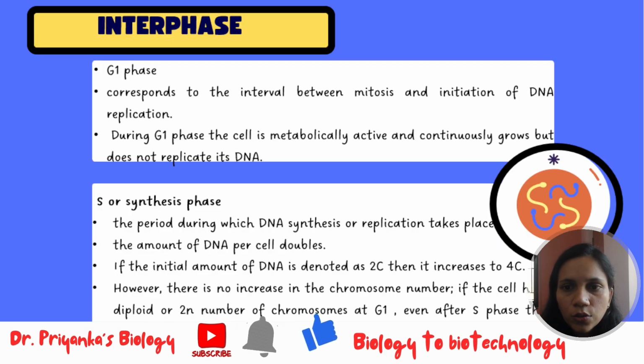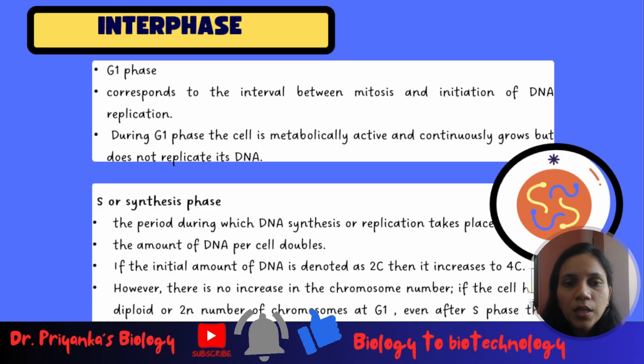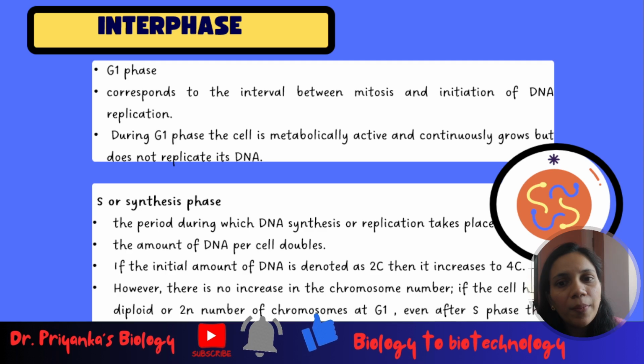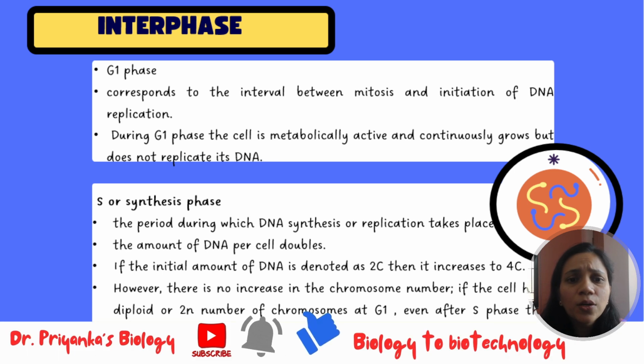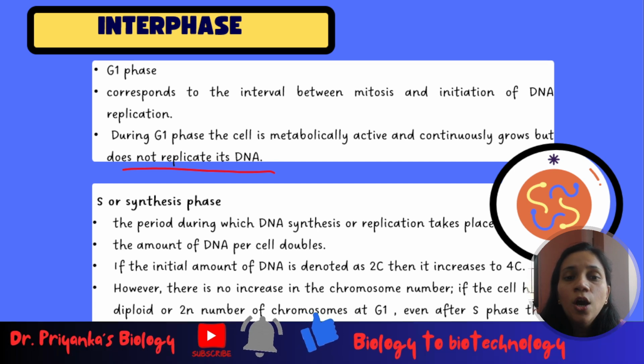So this you have to remember. During G1 phase, your cell is metabolically active and there is continuous cytoplasmic growth. But we already know there is no replication of DNA, because replication of DNA occurs only in the S phase.